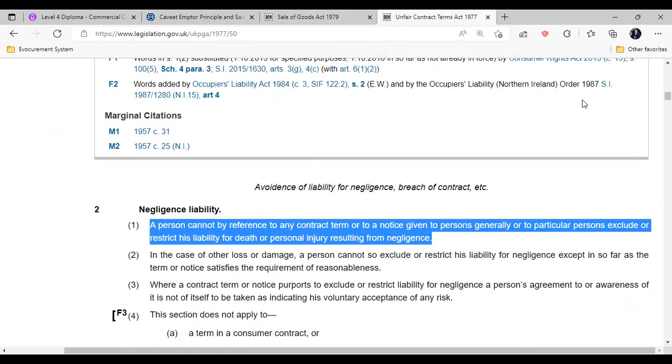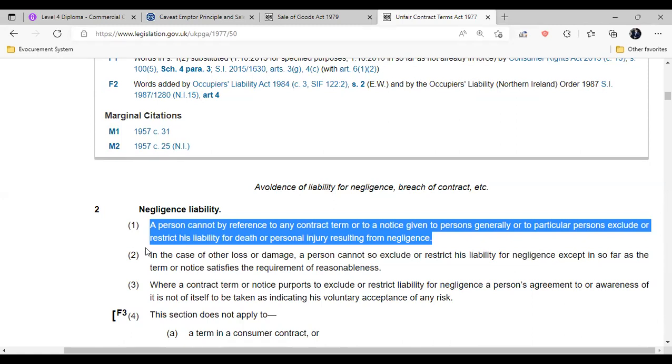Please read the passage I highlight here.